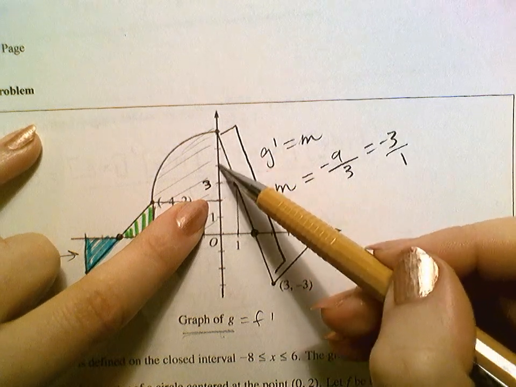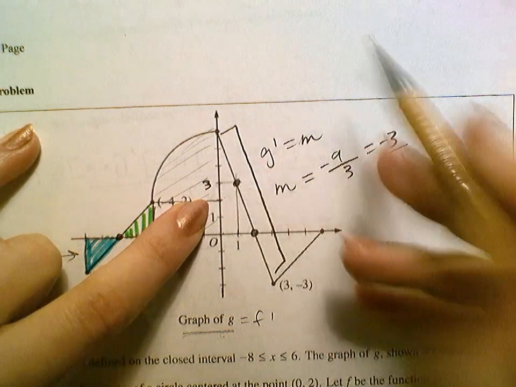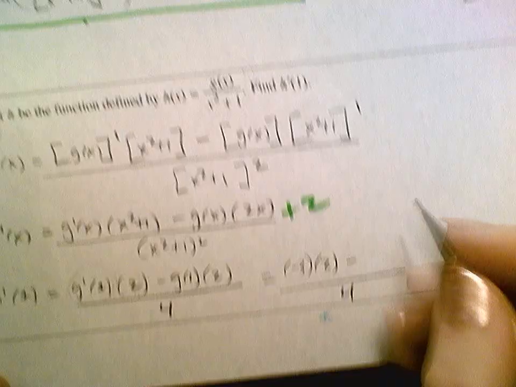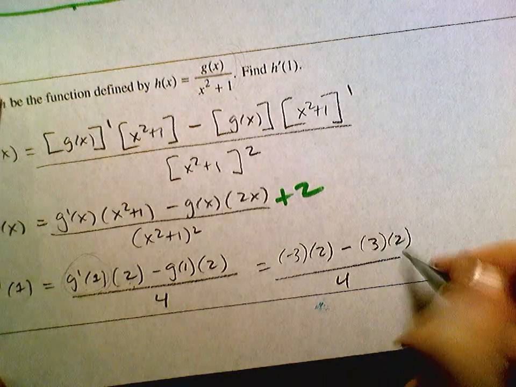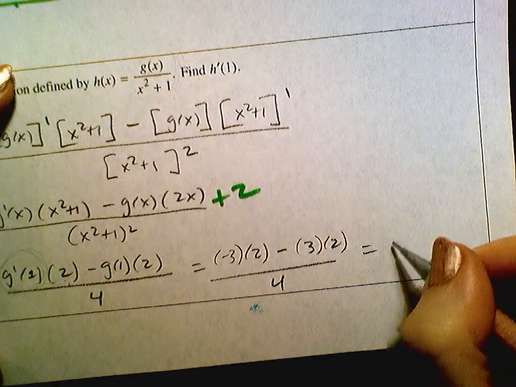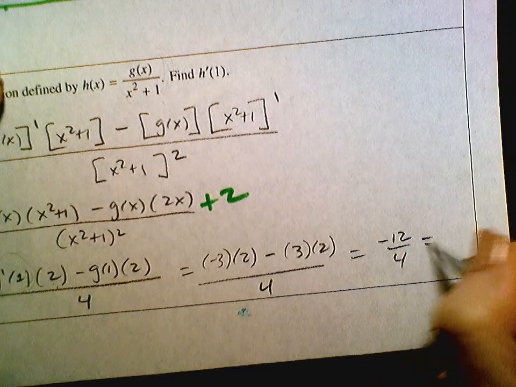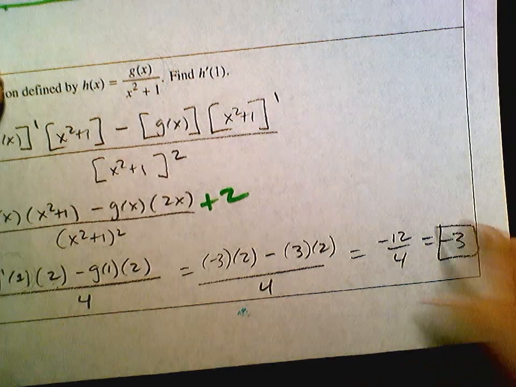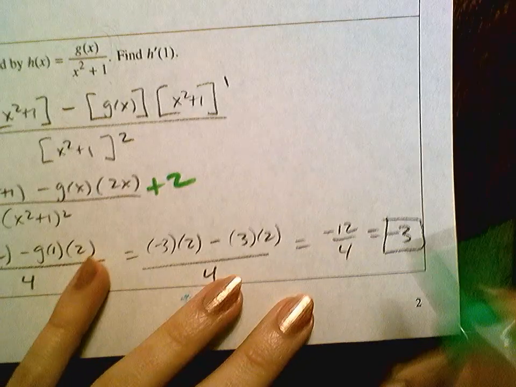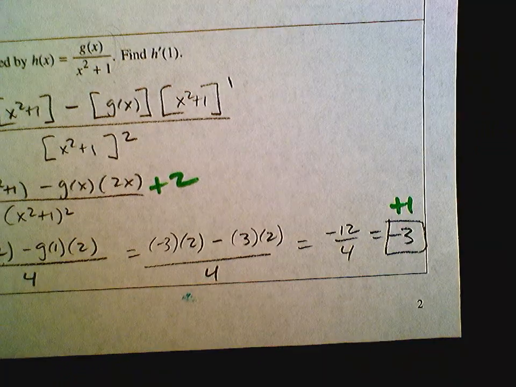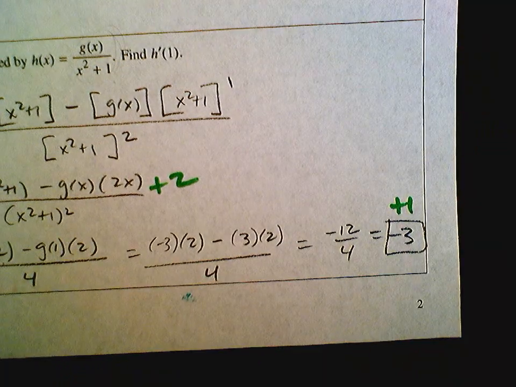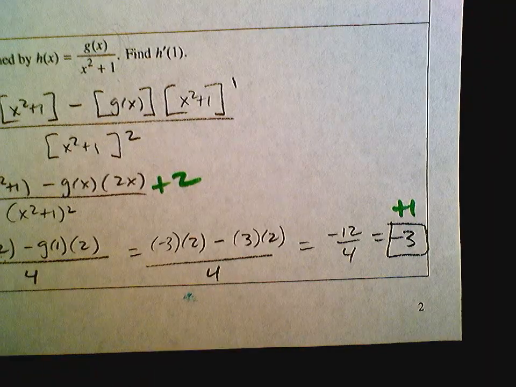So down 1, 2, 3 over 1. Yes, so that is also 3. This ends up being negative 6 minus 6, so negative 12 over 4 equals negative 3. And there is your last point. There you go. If you're on, you can do that.